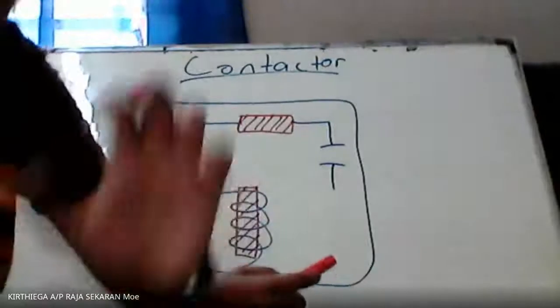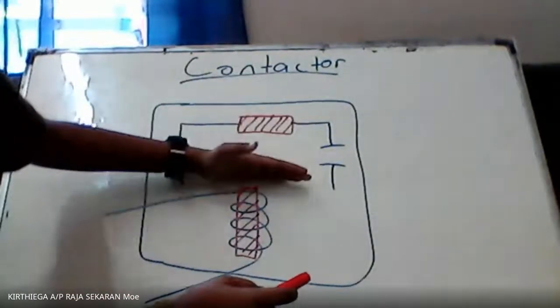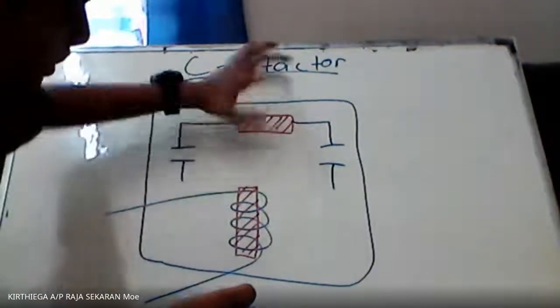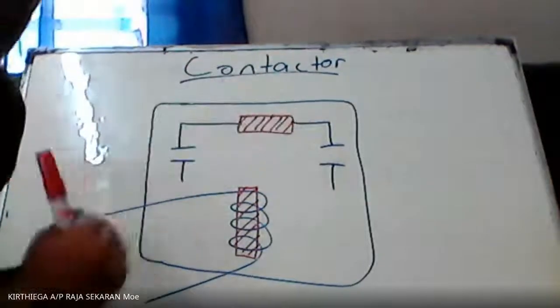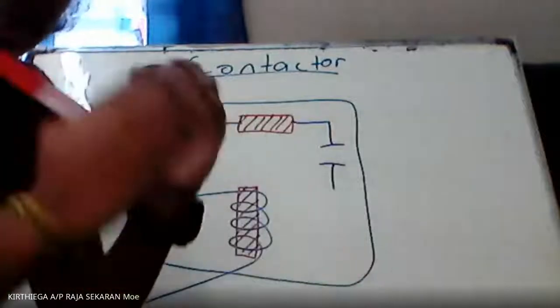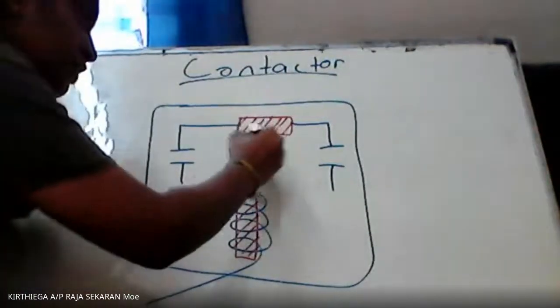But there is a problem. If this is attracted to the metal, and then there is no magnetism, the armature will not repel back because it's a metal one. It cannot go up again. So to make sure that it goes up again, we have a spring in between.